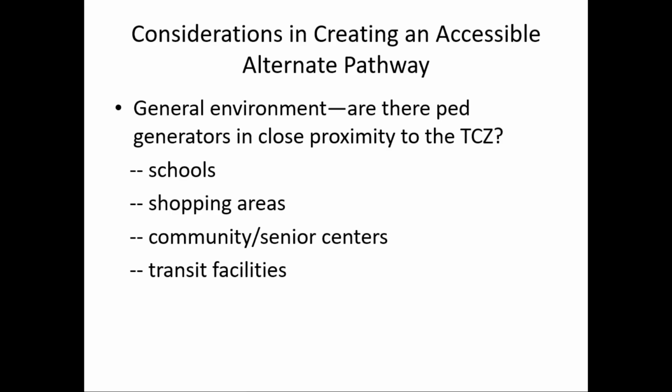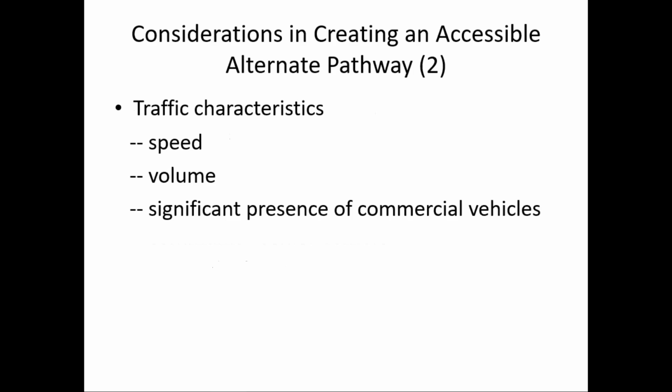Are there pedestrian generators in close proximity to the traffic control zone? Pedestrian generators like schools, shopping areas, community or senior centers, transit facilities. Those are all what I call pedestrian generators, and that may influence the solution we come up with in terms of how we handle the work zones.